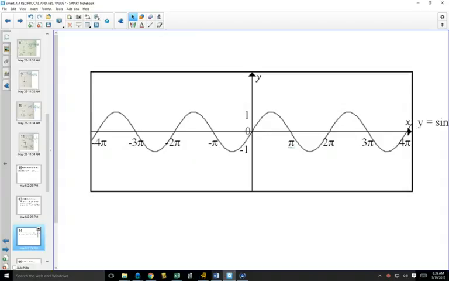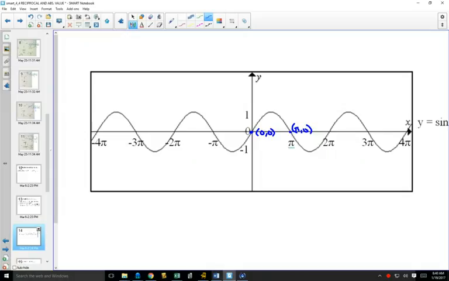Where do you have vertical asymptotes? Where do we have our vertical asymptotes? Wherever we had x-intercepts, right? Because the y value at an x-intercept, if I look at this original point right here, 0, 0, or this one at pi, 0, the y-coordinate is 0.